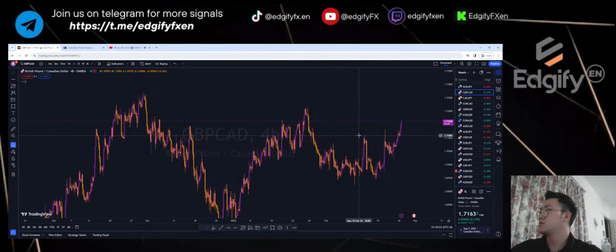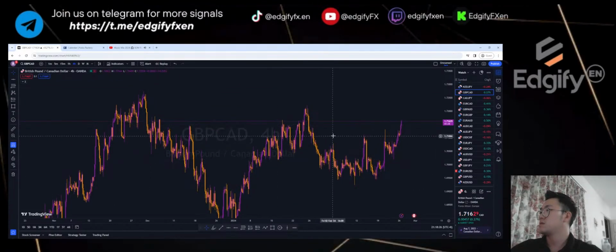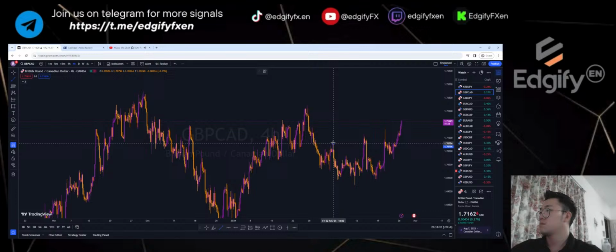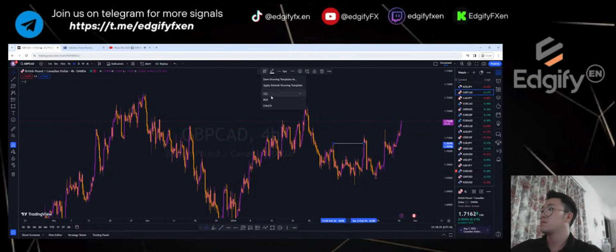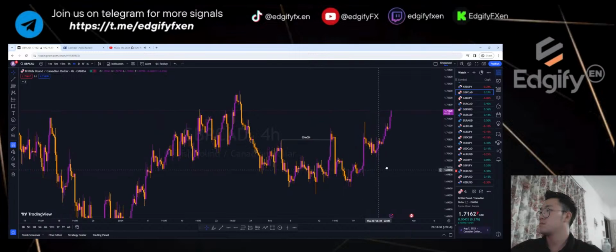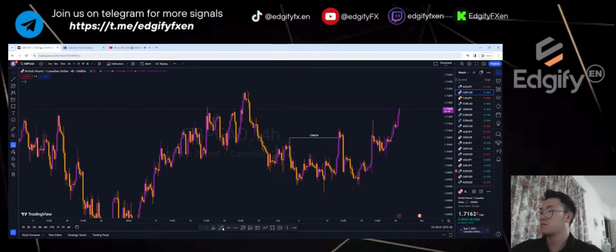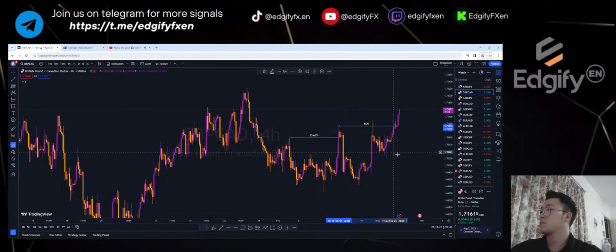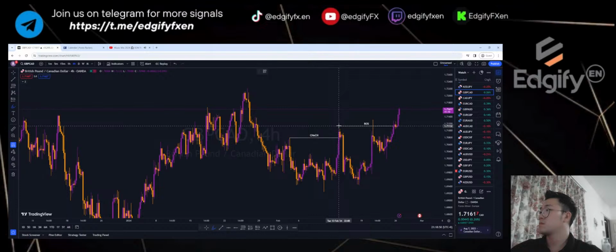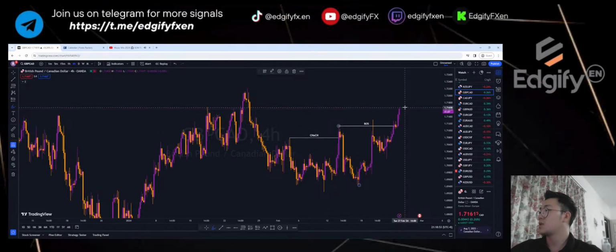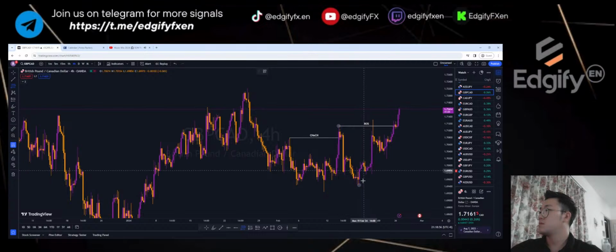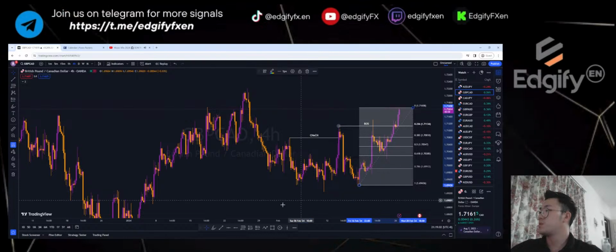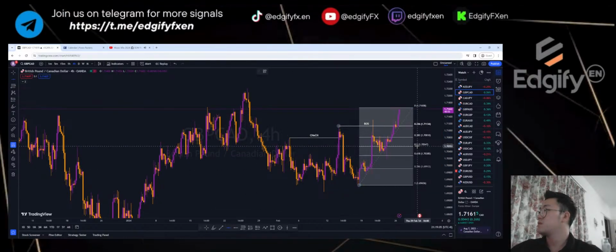GBP CAD. And current is about here. So I need to wait for a retracement back to the 50 based on the current level.